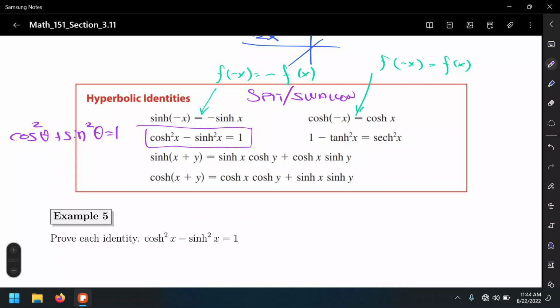So those are some of the differences in the identities. In some cases we have exactly the same identities as in trigonometry, but in some cases we have similar identities, with subtleties about the order they were written because of the signs.